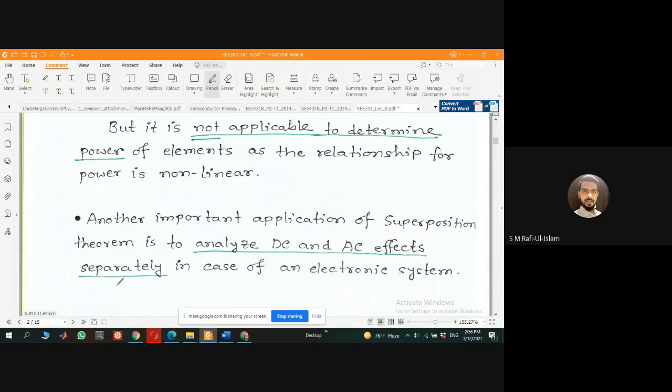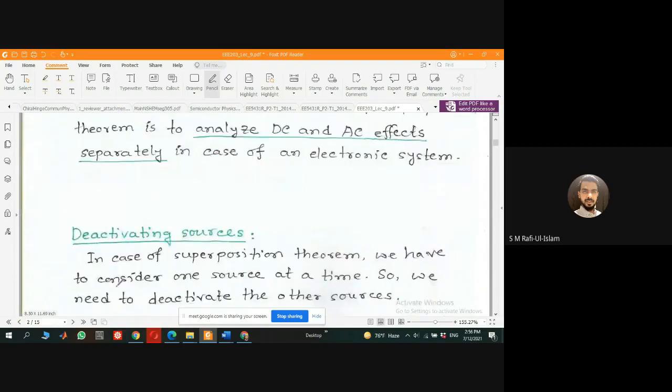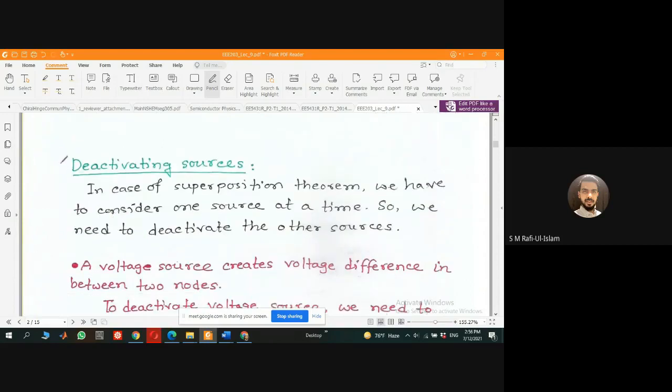But how much comes from the DC sources and how much from the AC sources, we can analyze using the superposition theorem. And for the superposition theorem we need to take a single source at a time.